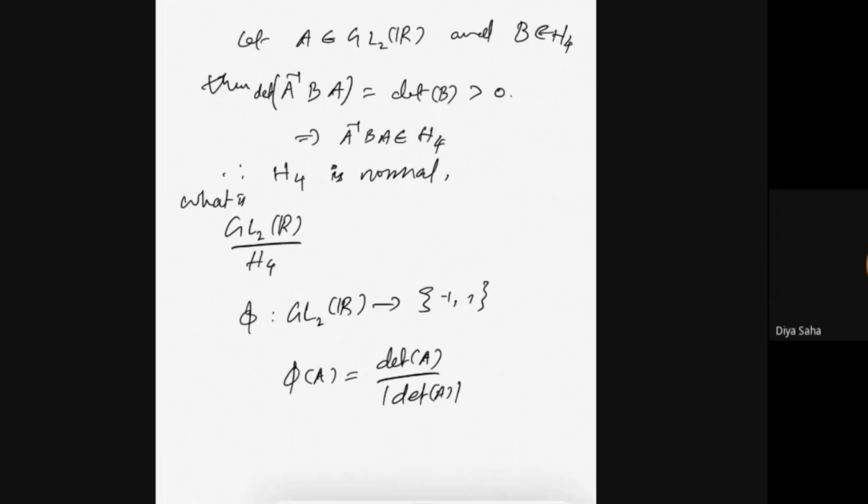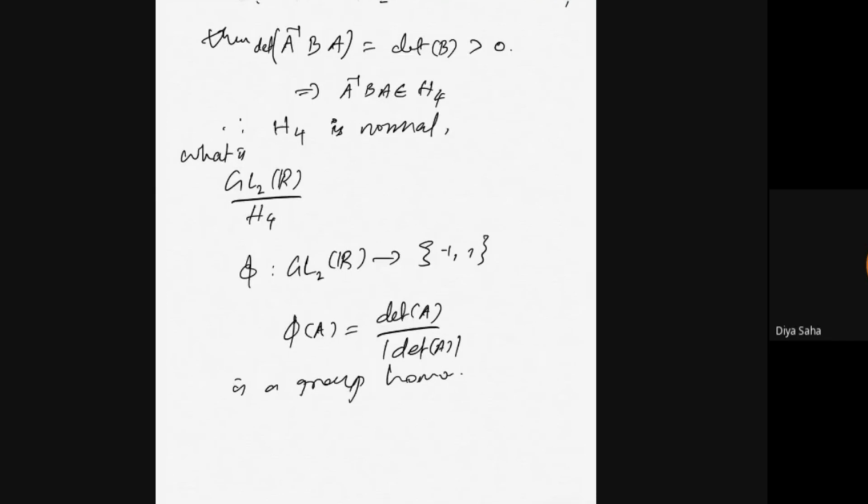So this is a group homomorphism, and what will be the kernel of phi? The kernel of phi is the set of A such that the determinant of A by mod determinant of A is equal to 1.